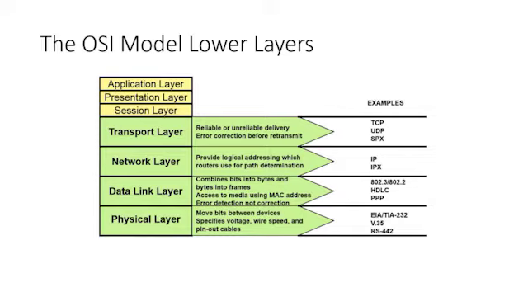Now, we need to think of Ethernet here. We can think of 802.3, 802.2, HDLC, and PPP. That's High-level Data Link Control and Point-to-Point Protocol. We use those on our serial connections, say between routers on point-to-point connections. And then lastly, the physical layer down there at the very bottom.